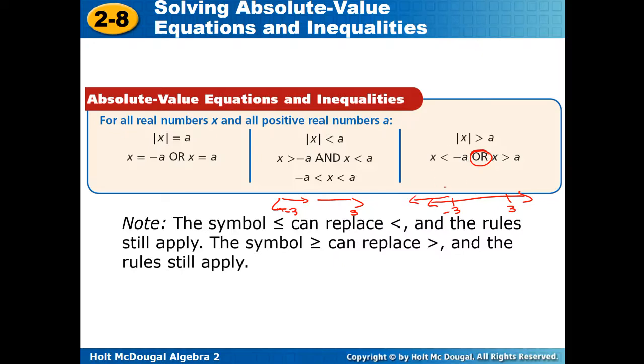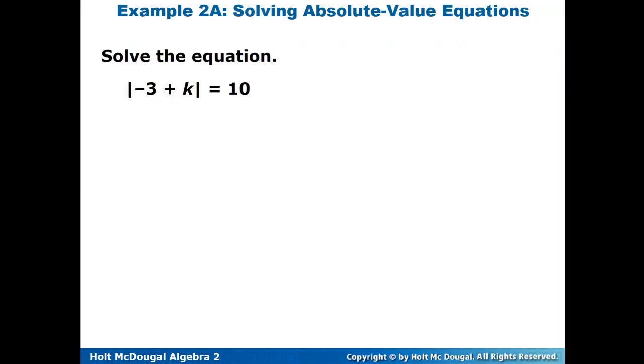Okay, so in this case, think about it as distance. Don't think about it as the number being greater. It's the distance away from 0 that's greater. And same over here. It's the distance that's greater than 3 that we're concerned about, not the actual number, although on that side the number is actually bigger. But we're thinking about distance, not the actual number, just the distance away from 0. That's the key thing. It's the distance away from 0.